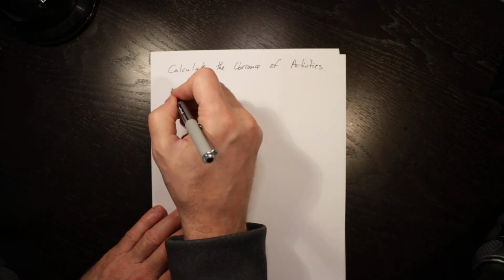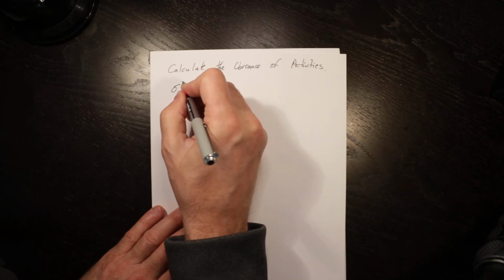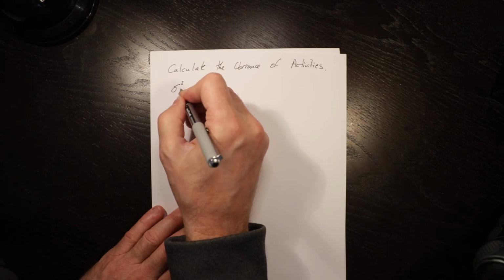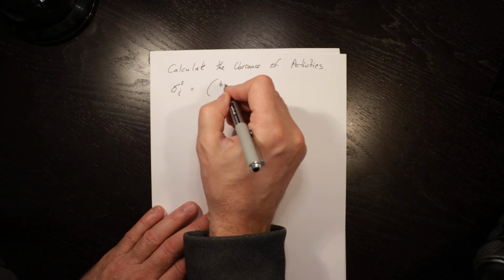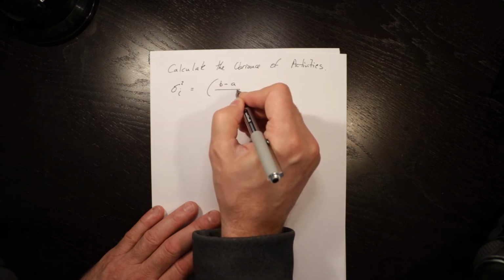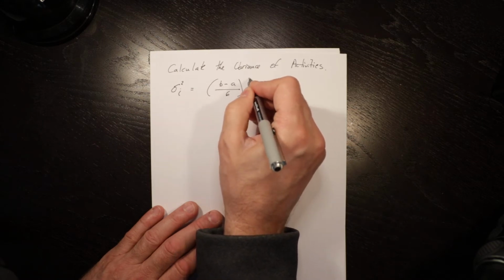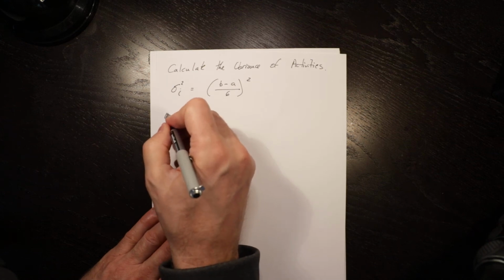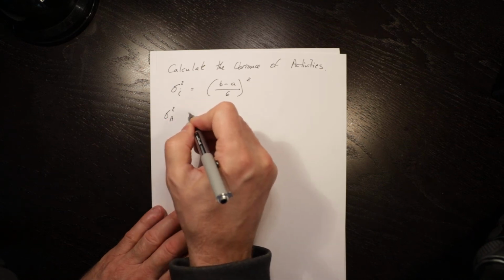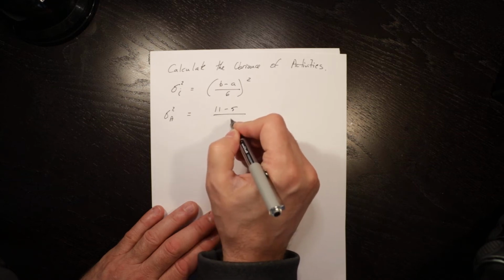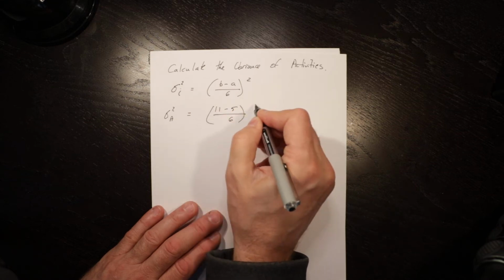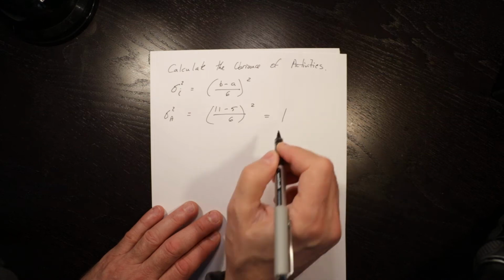And the variance, sigma squared for a specific task, is equal to B minus A over 6, squared. So the variance of task A is equal to 11 minus 5 divided by 6, squared, is equal to 1.